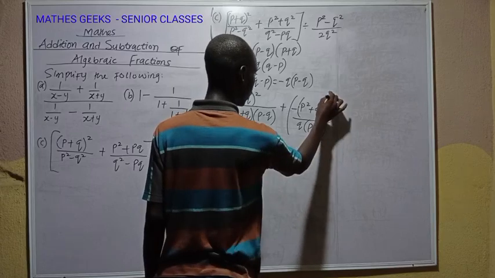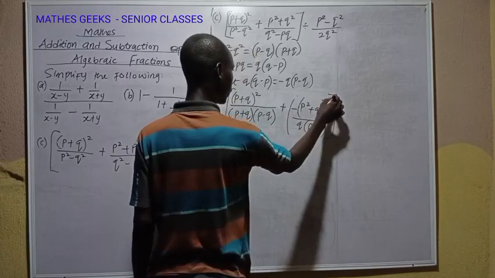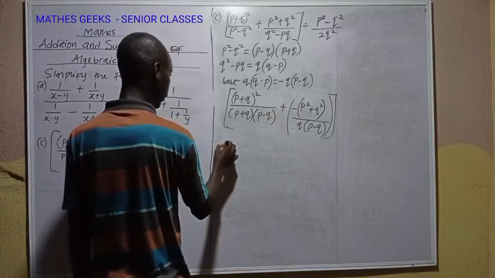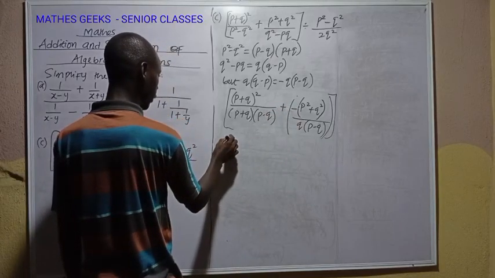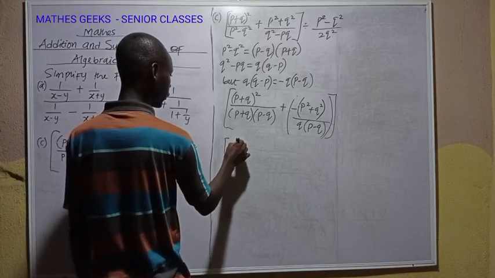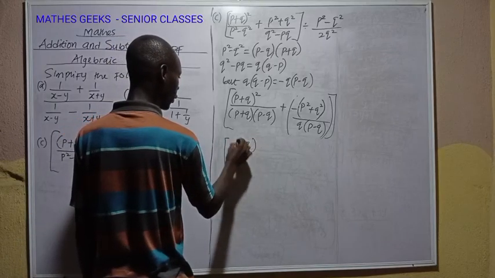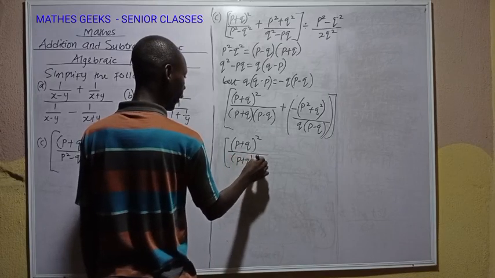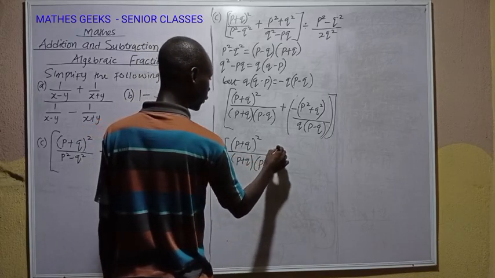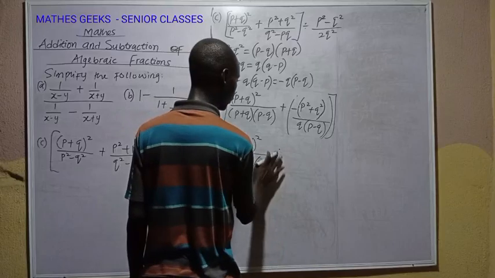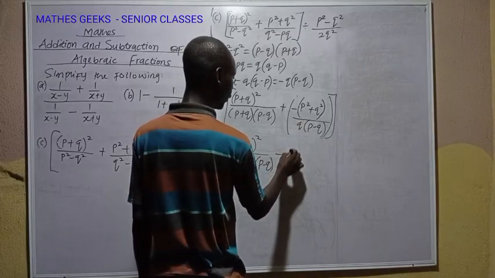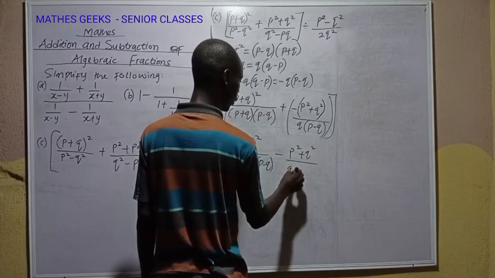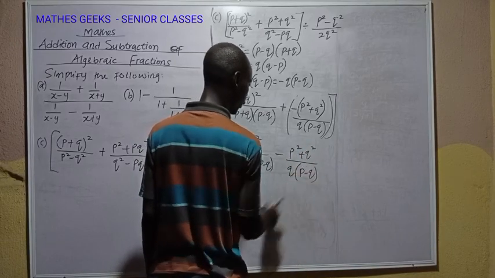Minus sign with plus will give us minus, so here we will be writing p plus q squared over p plus q and p minus q, plus minus p squared plus q squared over q, p minus q.